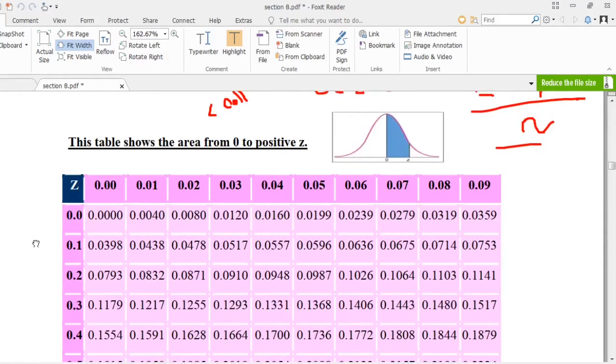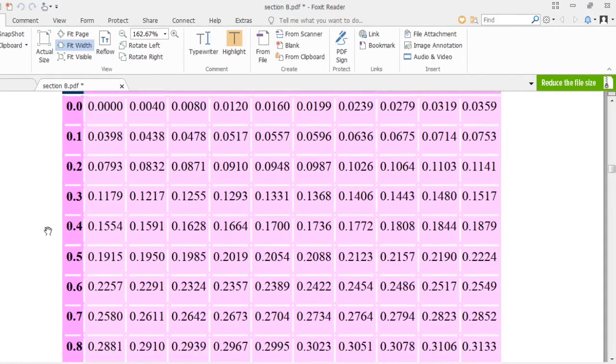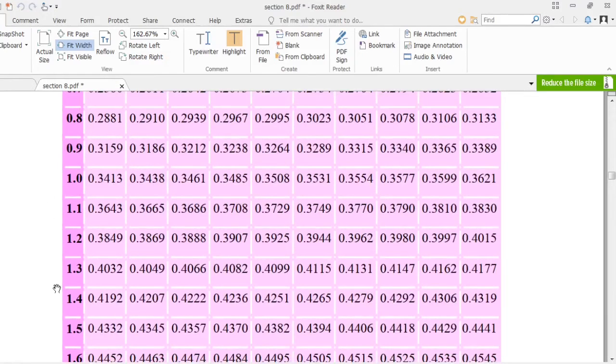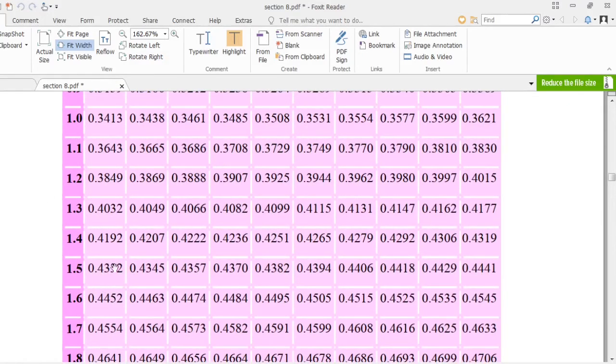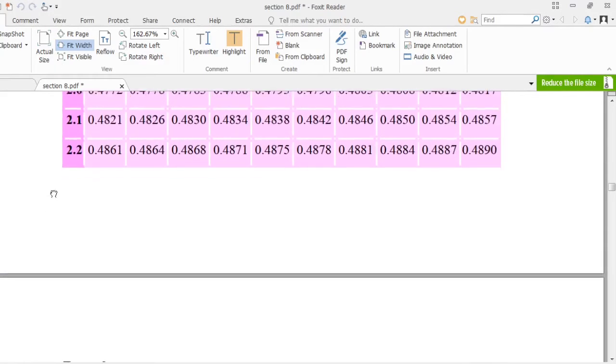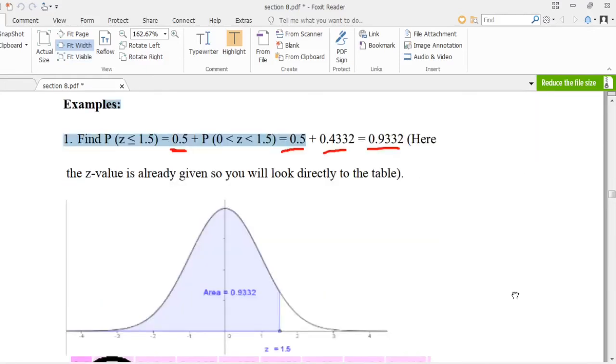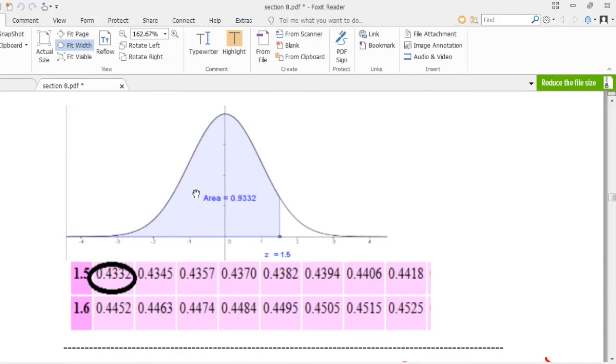In this table, this is the hundredth, and this is the tenth. So you get here 1.5, you keep scrolling until you reach here, which is 0.4332 plus 0.5, and you get 0.9332. Okay, so this is the first example, and here's an illustration of it.